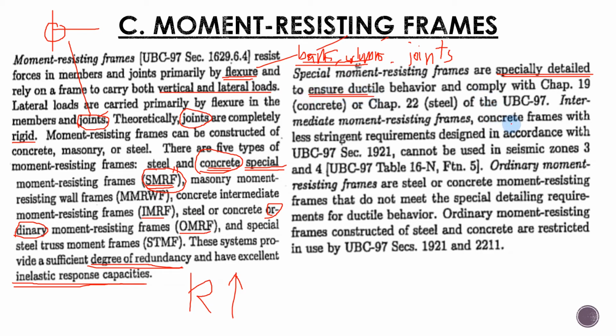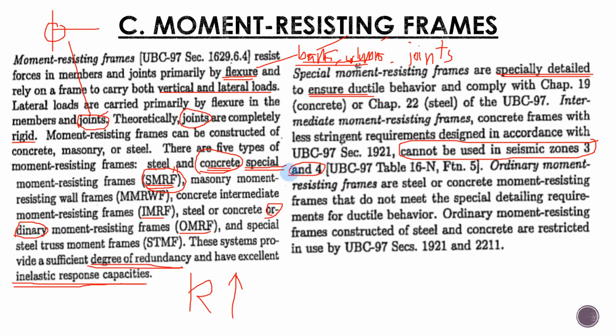Intermediate concrete frames with less stringent requirements designed in accordance with UBC 97 cannot be used in seismic zone 3 and 4. Though I think ang giingon niya kay zone 4 beta.